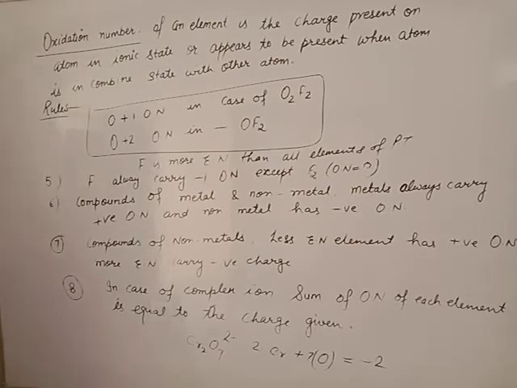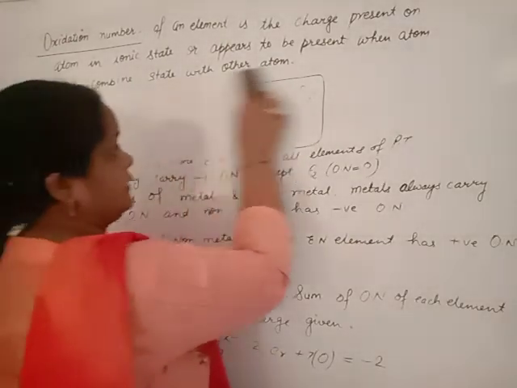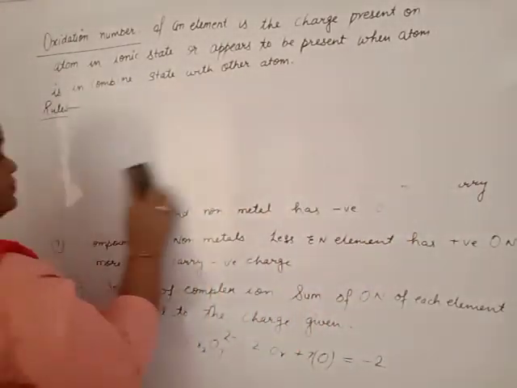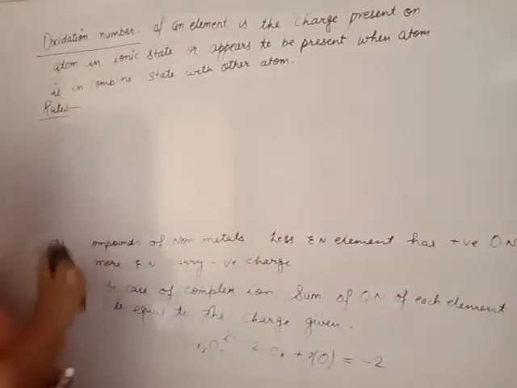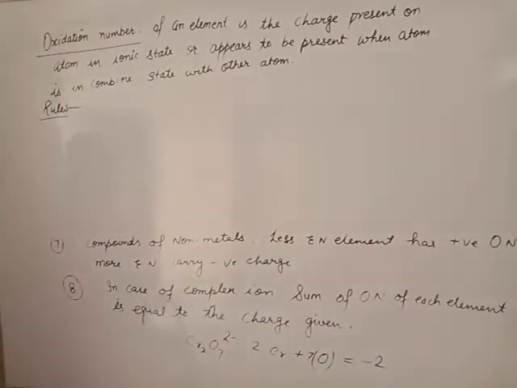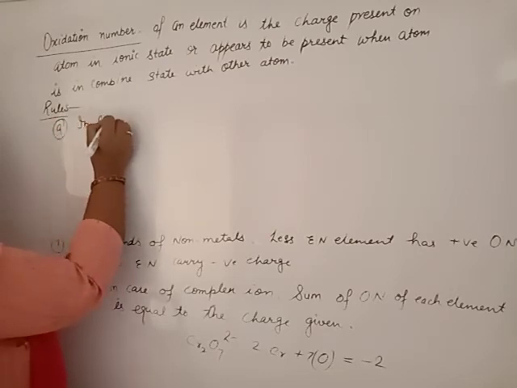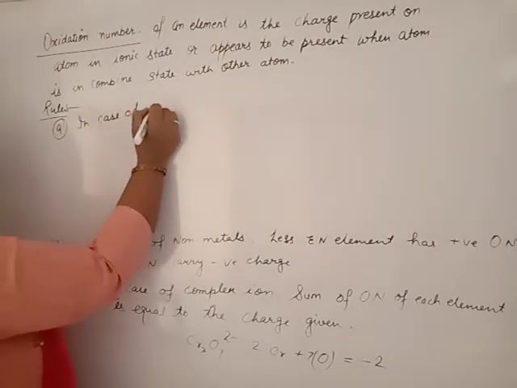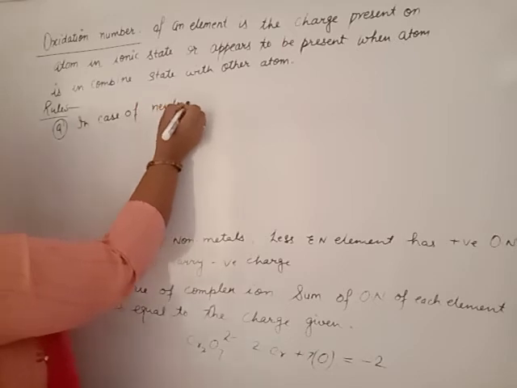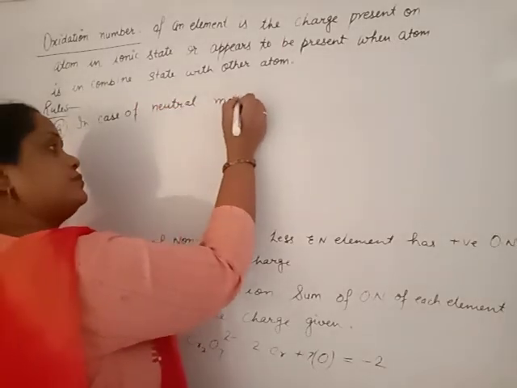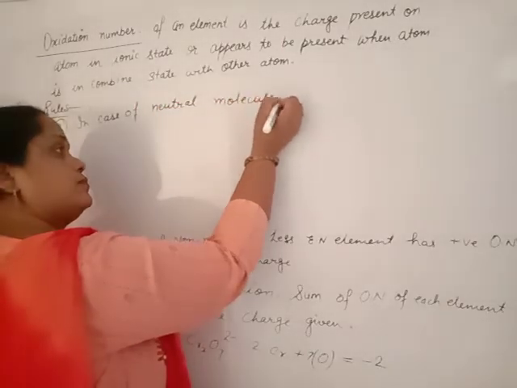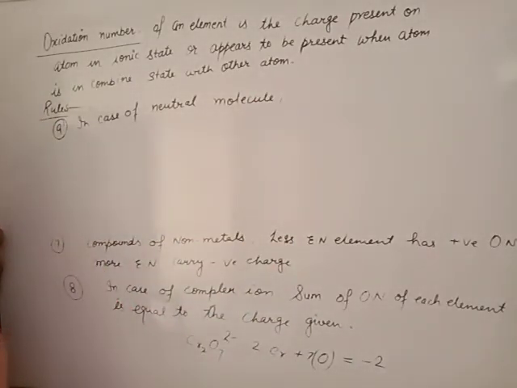And now the very last rule, that is, in case of neutral molecule, the sum of the oxidation number of each element is equal to 0.